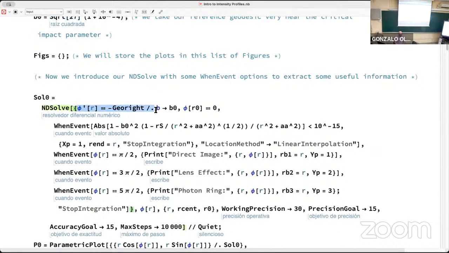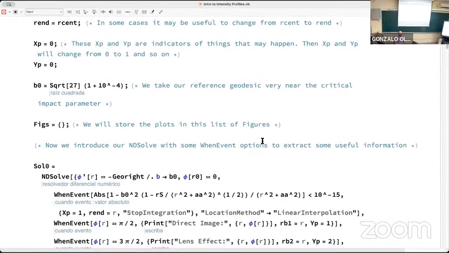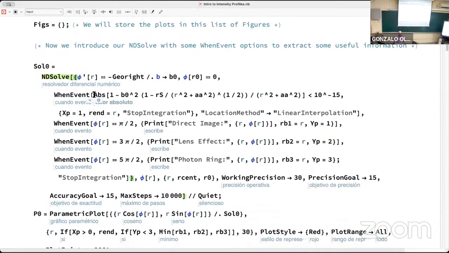Look at the conditions. Our differential equation is this one. This geo is the right hand side of the geodesic, for this particular model with the negative sign, so the geodesic is incoming initially. The condition on the square root is still here with 10 to minus 15. When we identify the minimum, we do the same as before.